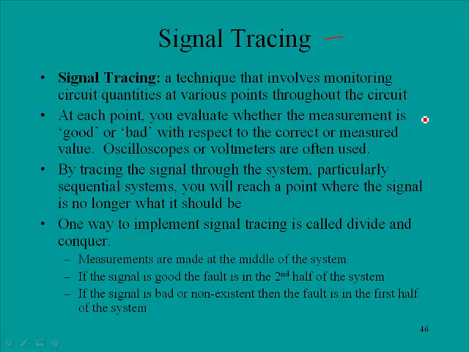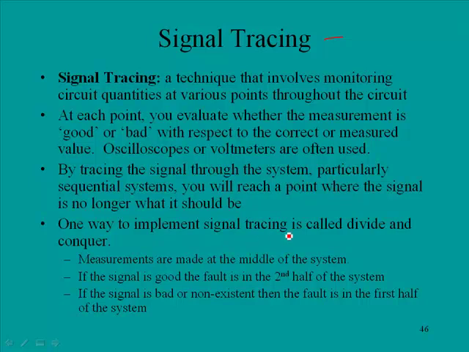Usually with given systems you'll have technical manuals or schematics that will provide that information. By tracing the signal through the system, particularly sequential systems, you will reach a point where the signal is no longer what it should be.